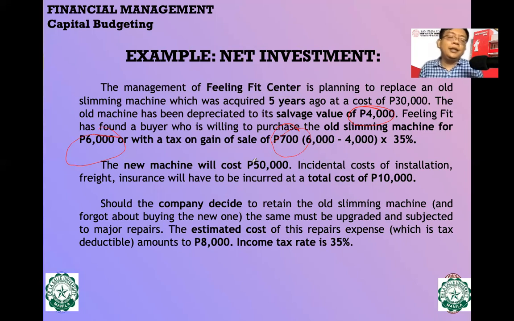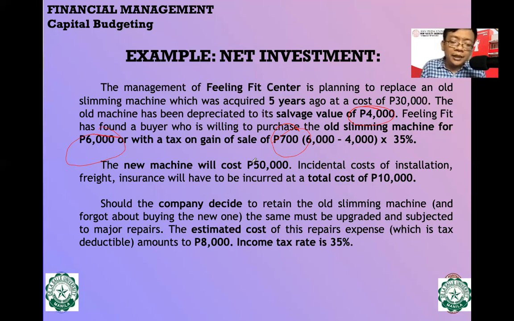Gets ba ako? The new machine will cost 50,000. But because of that, because you sell an old equipment, you will purchase a new one. 50,000 cost and also additional 10,000 as part of incidental and installation costs.